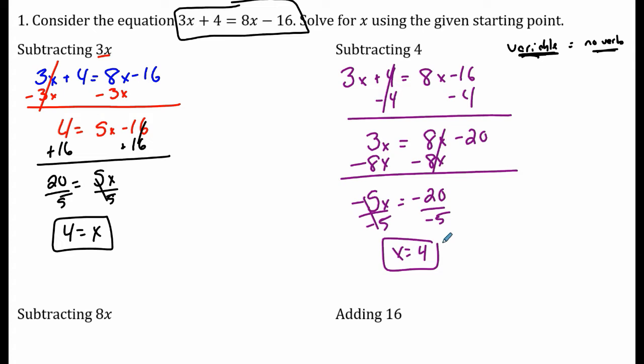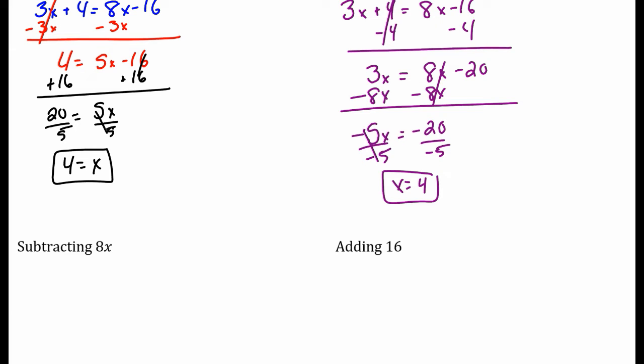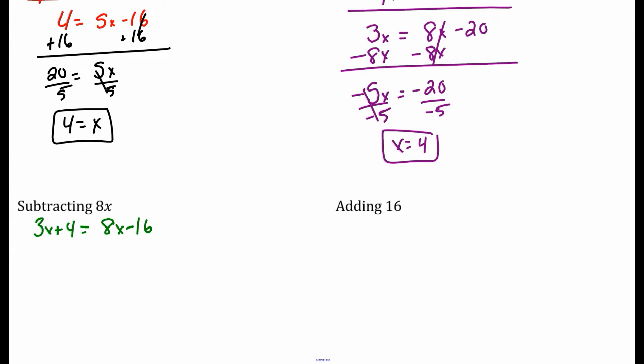This should not be a surprise because we already solved this equation. Let's solve it again. This time we'll solve it by subtracting 8x from both sides to start with. So as you see here, there are lots of different choices for getting started on these equations where you have variables on both sides. Once you get to something like this, there are 4 options you can go with. Let's try subtracting 8x.